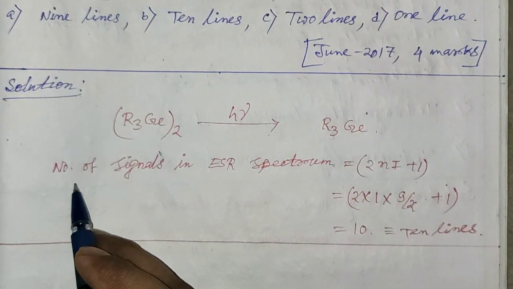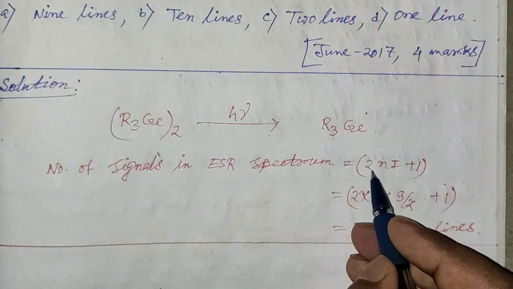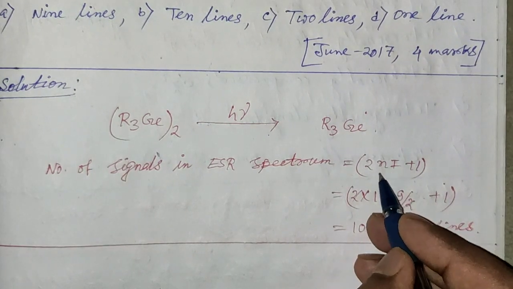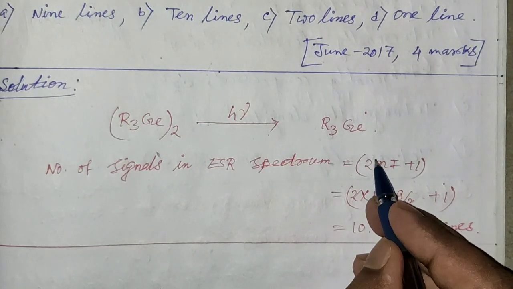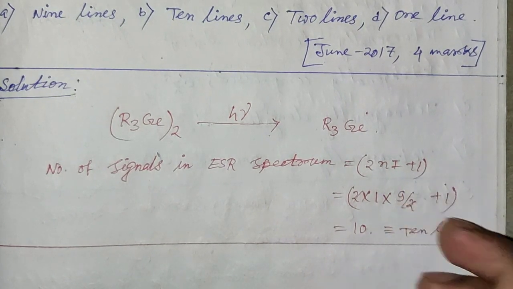The formula for the number of signals in ESR spectrum is 2nI plus 1. N is equal to number of nuclei and I is spin quantum number.